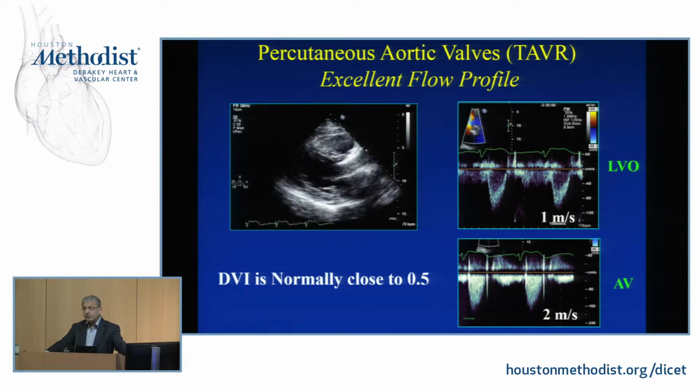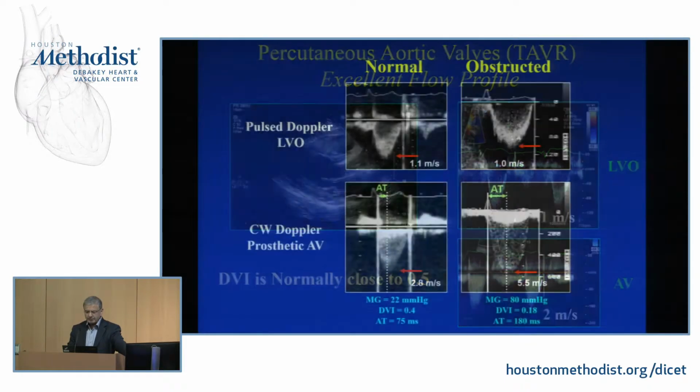So that's very important, and that's very encouraging because the performance of these valves is tremendous, conceivably telling us also about longevity of these valves because there is less turbulence, and we don't know that compared to the surgically implanted bioprosthetic valves. So remember that the velocity across these percutaneous valves increases much less. It's almost like a normal valve coming through.